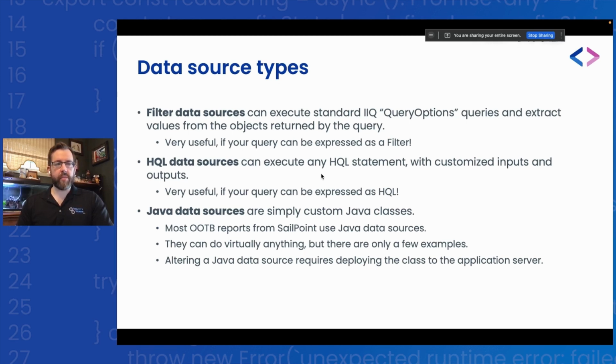So you would need to compile it into a jar and stick it in your WEB-INF/lib. And then anytime you change something, you need to do that again. So most of the out-of-the-box reports from SailPoint do use Java data sources because they are so powerful. But custom ones can be a little bit tricky.